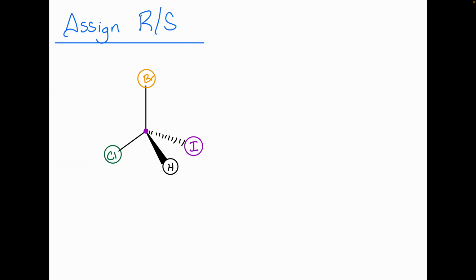So we're going to take this molecule here and we're going to assign R or S stereochemistry.